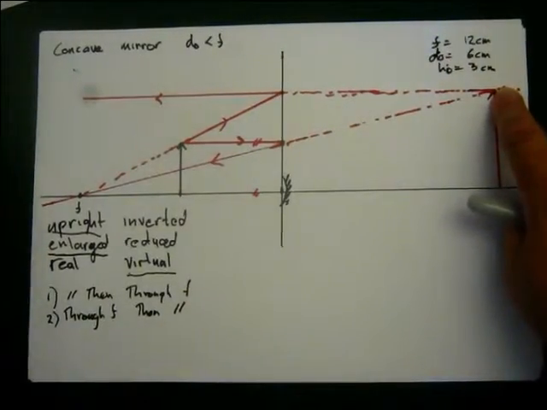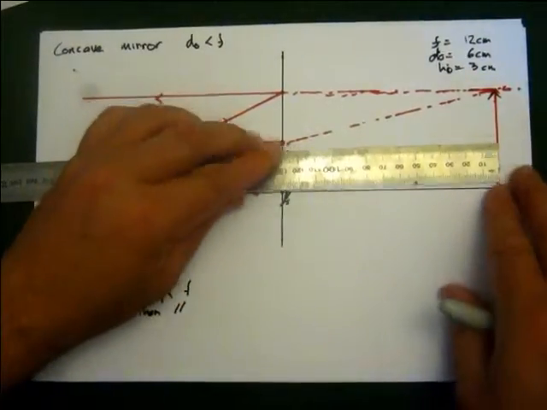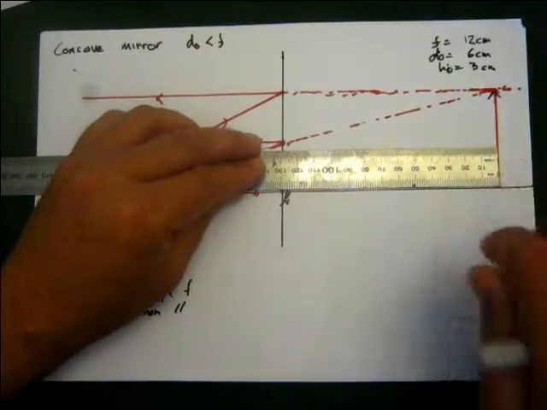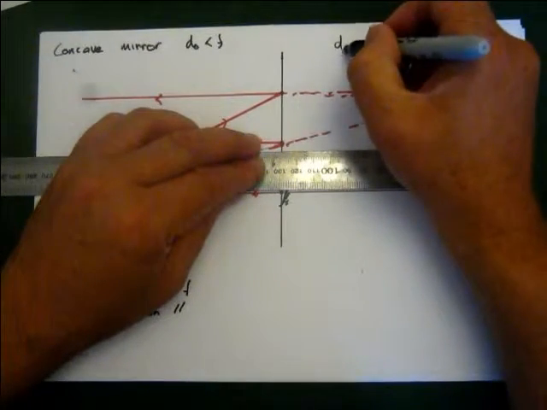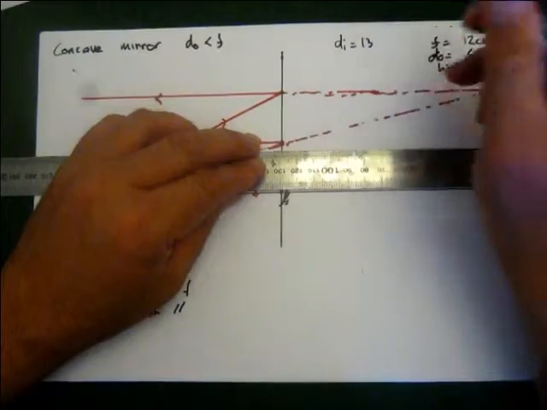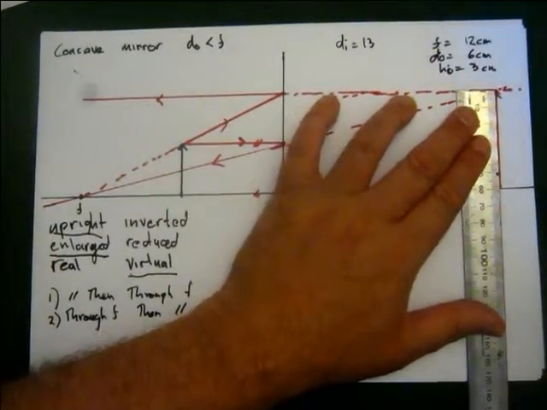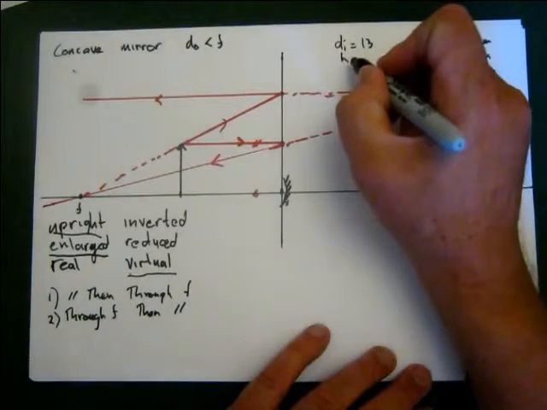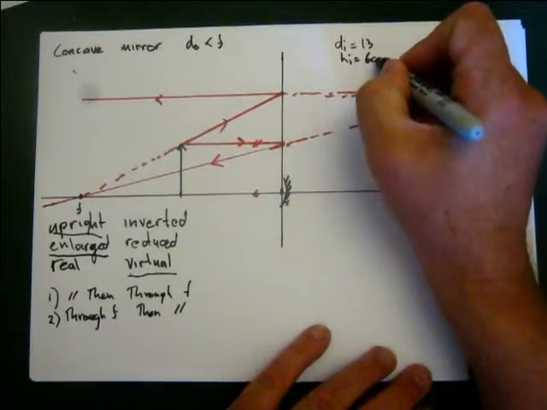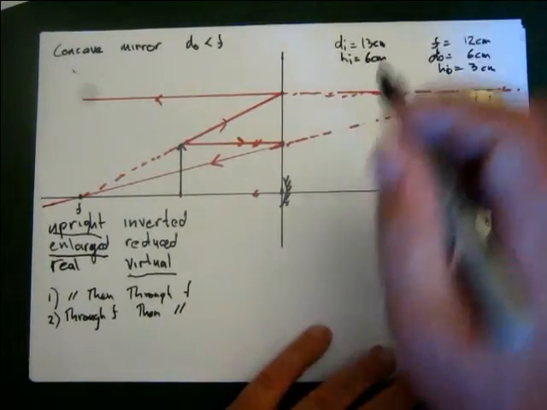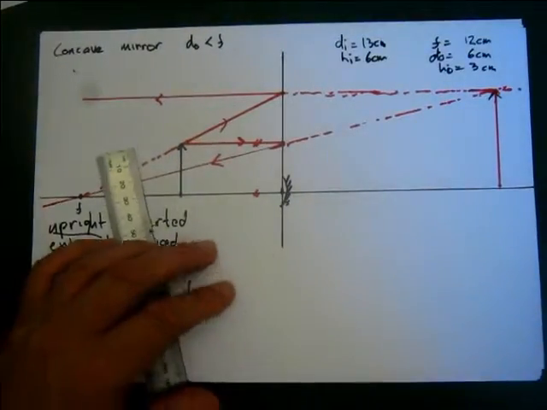And then if we want, we can do it the normal way. DI, in this case I make 13, I suspect I'm wrong, but we'll check that with math in a second. And HI, make HI equal to 6 centimeters.